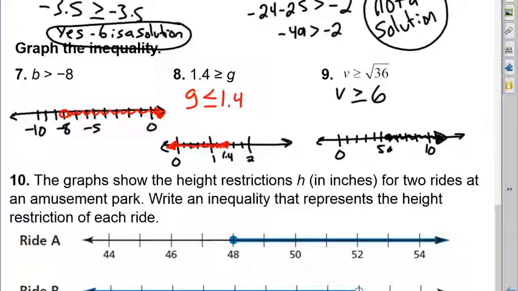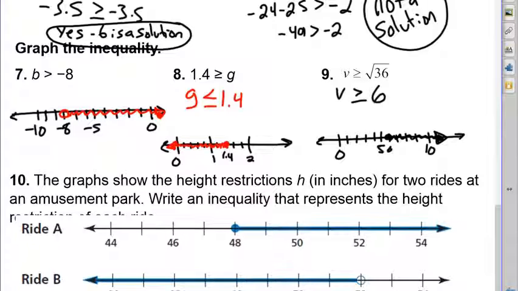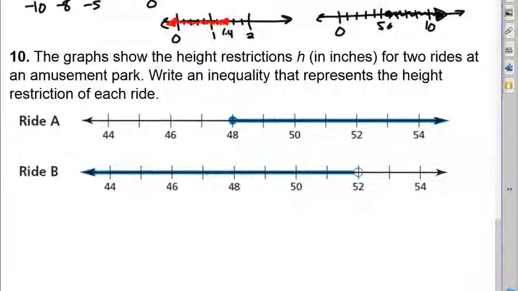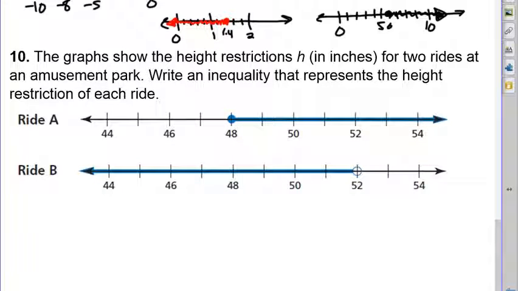Finally, let's see when we can use this in real life. This graph shows the height restrictions h in inches for 2 rides at an amusement park. We're asked to write an inequality that represents the height of each ride. Ride A gives us this graph. We have a solid dot at 48, shaded to the right.